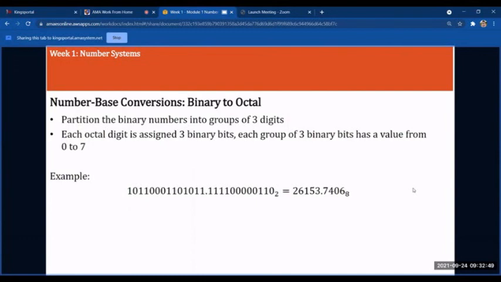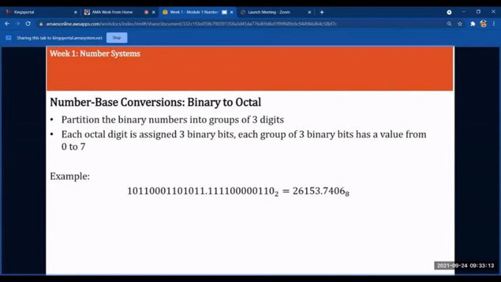So when it comes to binary to octal naman po, this is a partition wherein the binary numbers are grouped into 3 digits. Each octal digit is assigned 3 binary bits. Each group of 3 binary bits has a value from 0 to 7. Ibig sabihin po, you need to partition yung binary natin ng tatluhan.